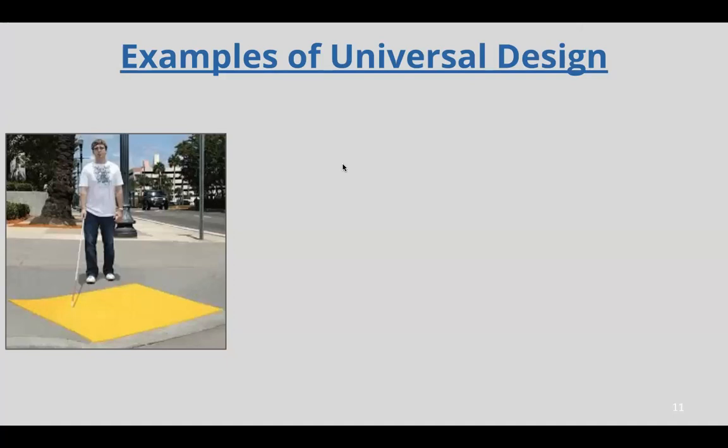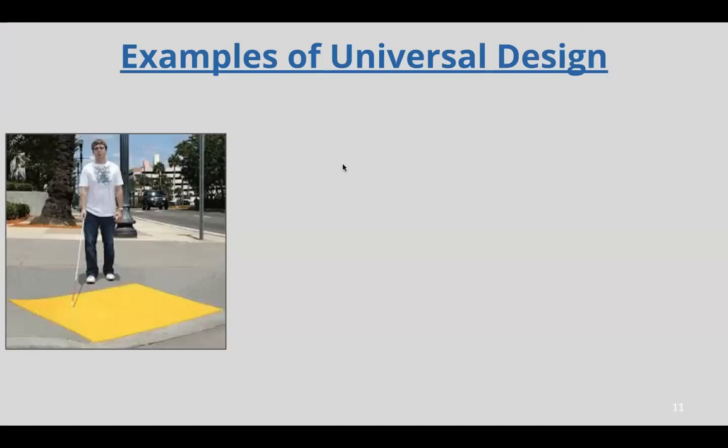And the whole idea is that when we plan for students or individuals who are in the margins, we're actually planning for everyone to benefit. So for example, the yellow raised dots and the curb cuts that signal there's a crosswalk coming were designed for access for individuals in wheelchairs.